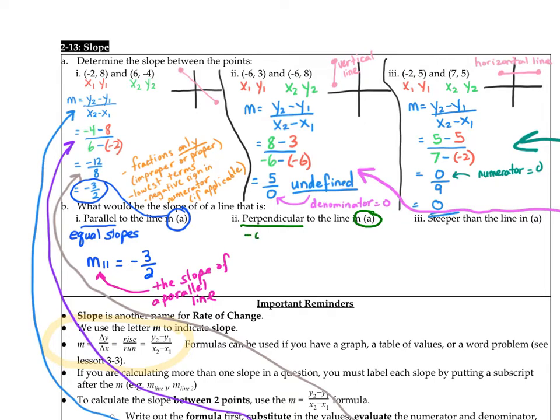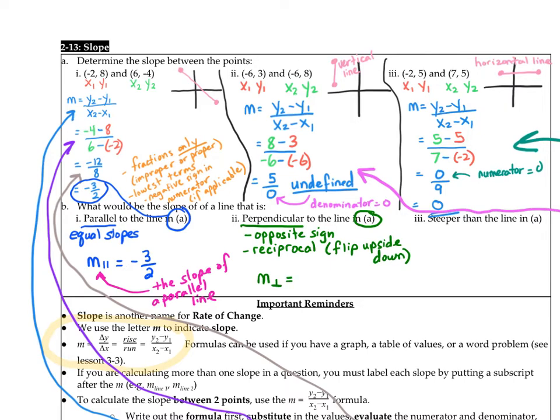So that means the slope is the opposite sign, and it is the reciprocal, which means you flip it upside down. So the slope, letter M, and the symbol for reciprocal looks like an upside down capital T.